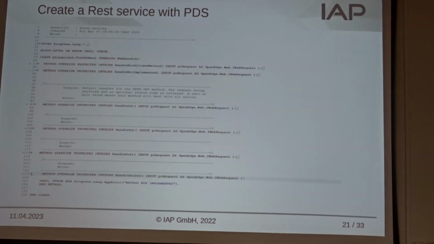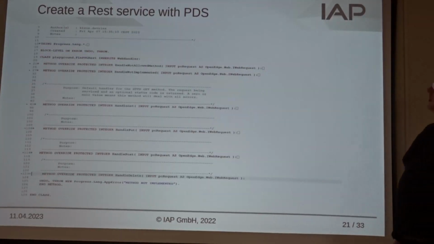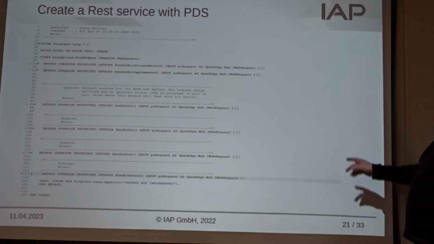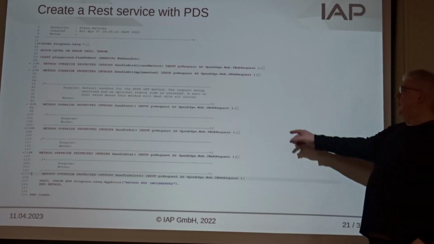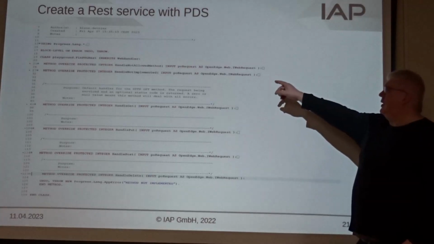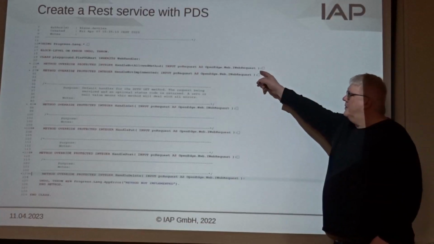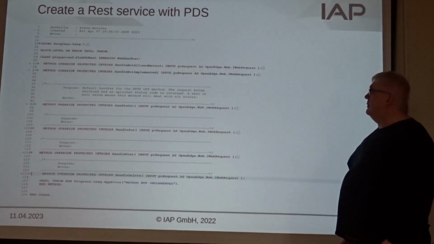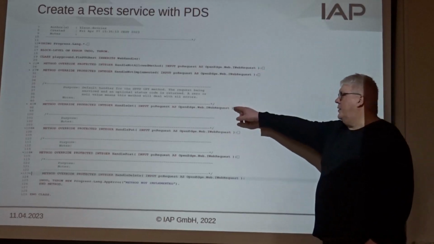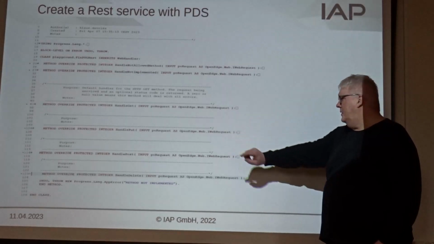I think it's a bit difficult to read, but when you get an empty class, you have some methods to handle errors, and then you have handle get, put, post, and delete.